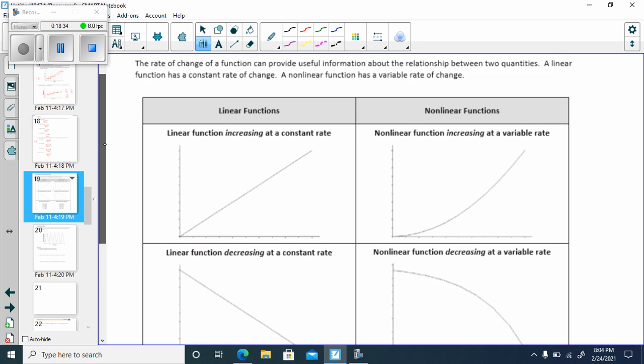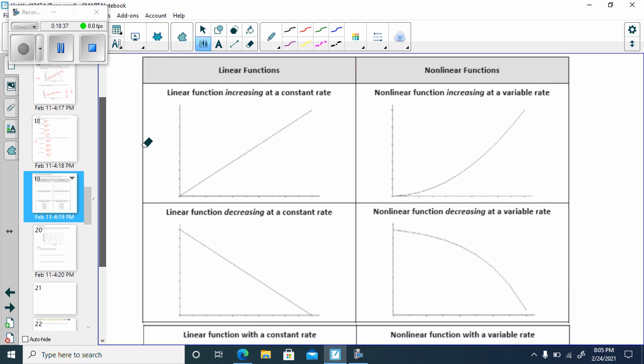Let's look at this. It's on the next page. This just gives you a list here of the type things you're seeing. This is a linear function because it forms a line. It is increasing because it goes up. It's going up at a constant rate. This is a nonlinear function because it curves, okay? Does not form a straight line. It is increasing because it's going up.